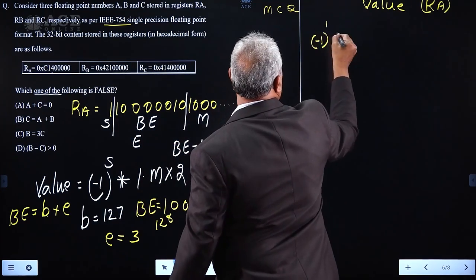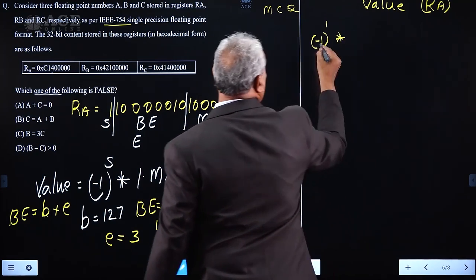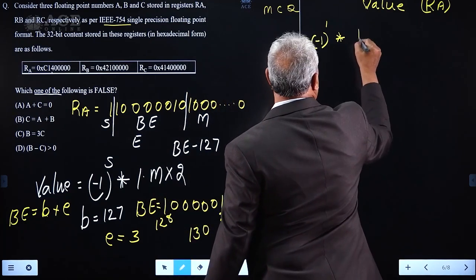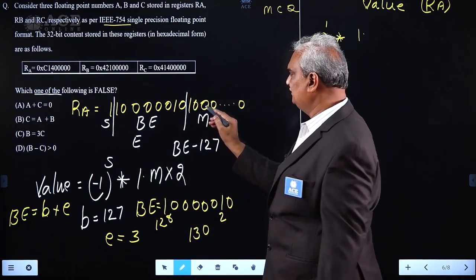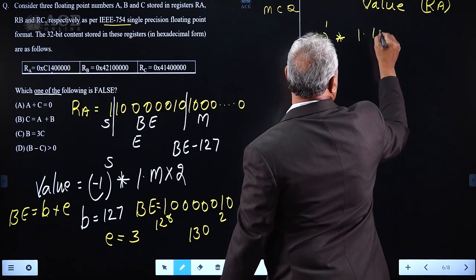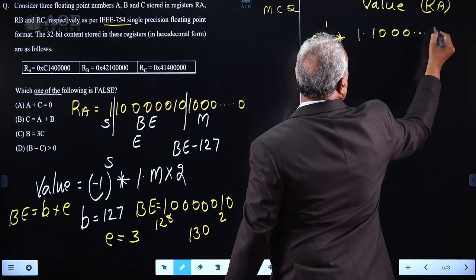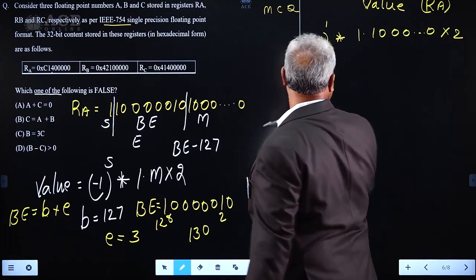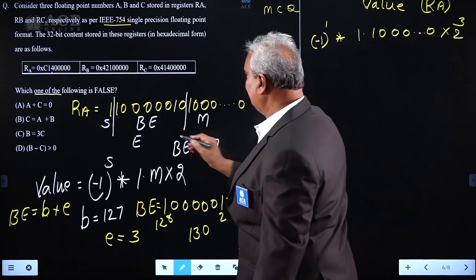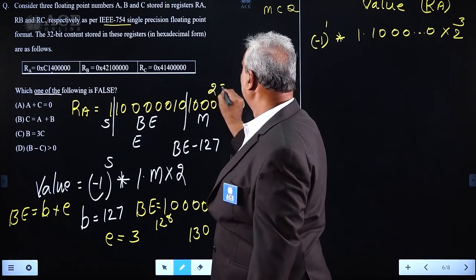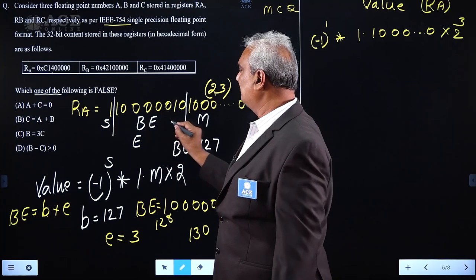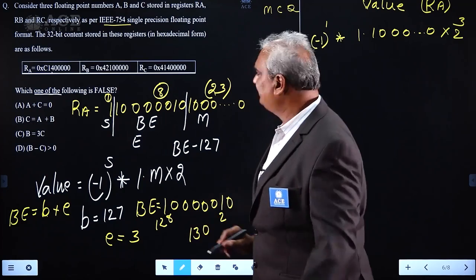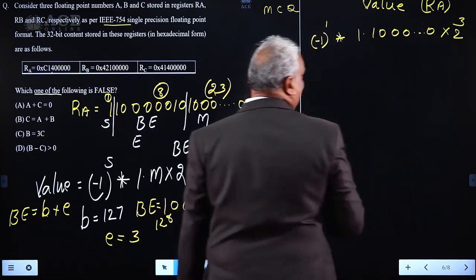S is 1, so minus 1 whole power 1 is nothing but minus 1, into 1 point mantissa value, which is 1 0 0 0 like this, into 2 power 3. Here mantissa size is 23 bit, at the same time biased exponent size is 8 bit, and this size is 1 bit. Total 32 bit.